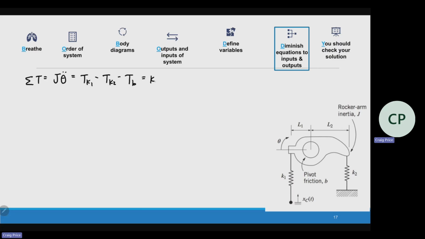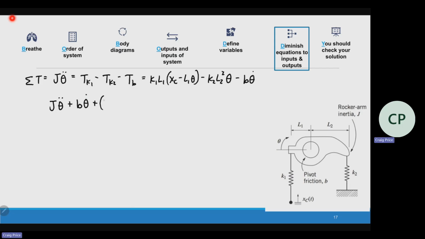So this is K1 L1 times the input minus L1 theta, minus K2 L2 squared theta, minus B theta dot. And I can see that all of my thetas are negative. That's a good sign. So we're going to bring it over to the other side, all of the thetas, going from highest order to lowest order derivative.